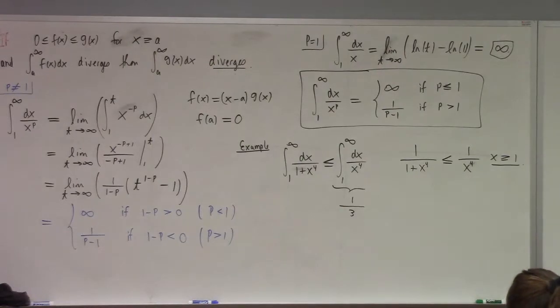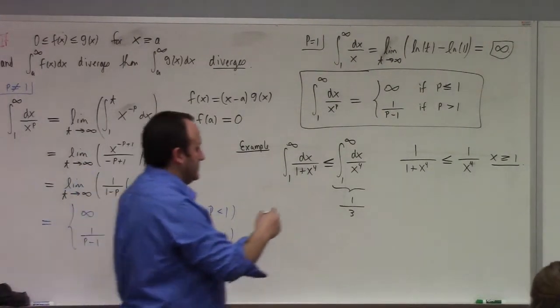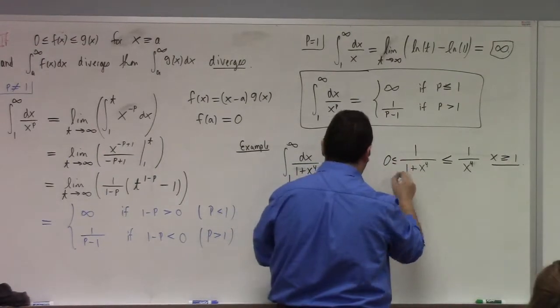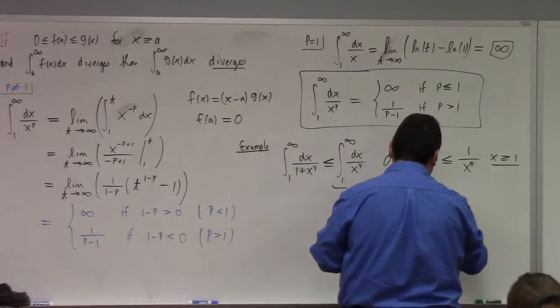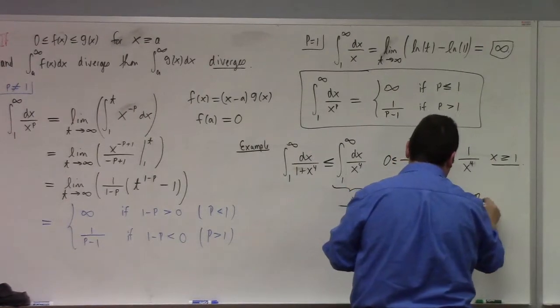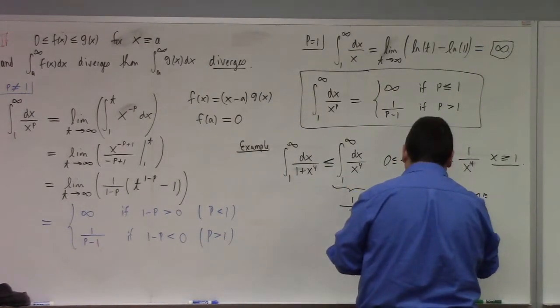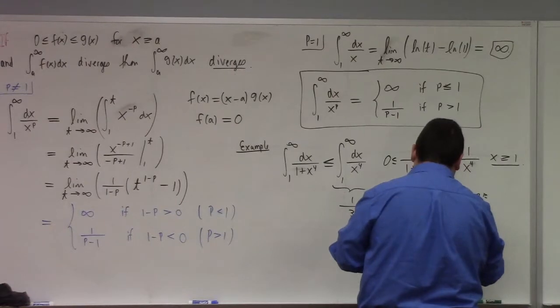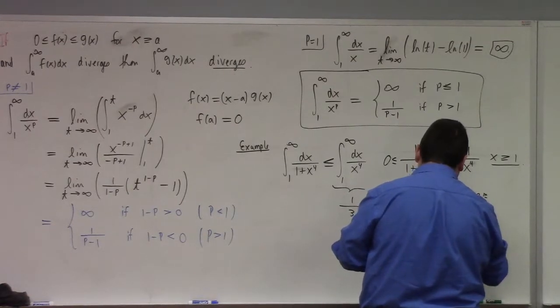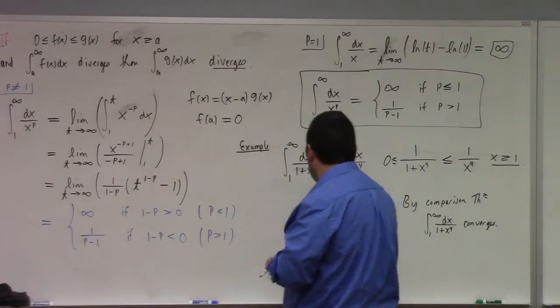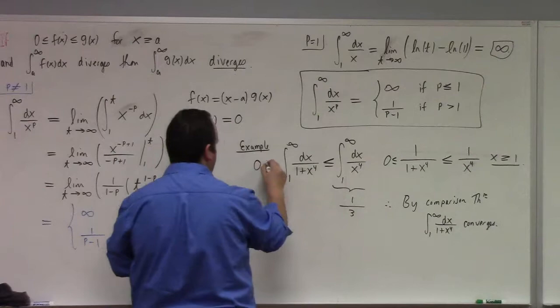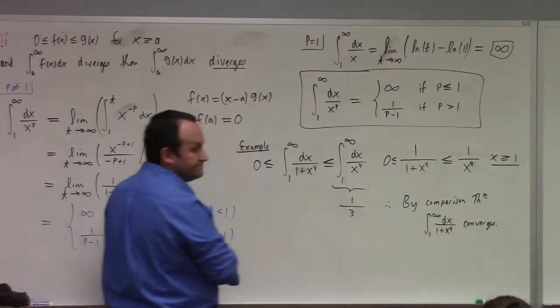So it's between 0 and 1/3, and it converges. By the comparison theorem, the integral from 1 to infinity of dx over 1 plus x to the fourth converges. And I can also tell you that its value is between 0 and 1/3.